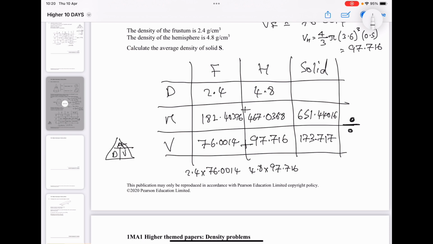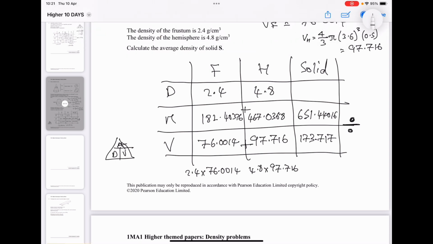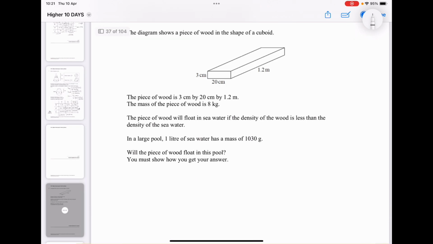Divide by 173.717 equals 3.75. Okay, somewhere between the two, which looks basically right. That's good. Oh, I had a lot more working space there.